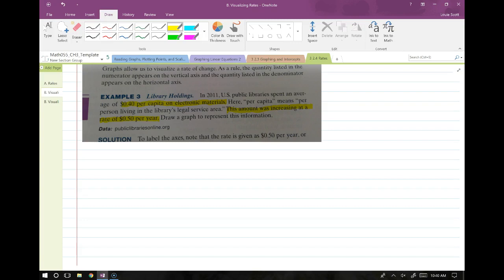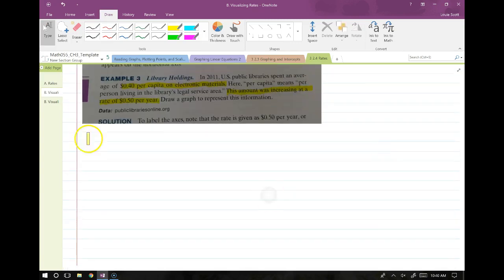Since this doesn't talk about the number of people increasing, the per capita stays the same, which means our rate is going to be in dollars per year. Our initial point is going to be 0.4 per year. That is our initial.